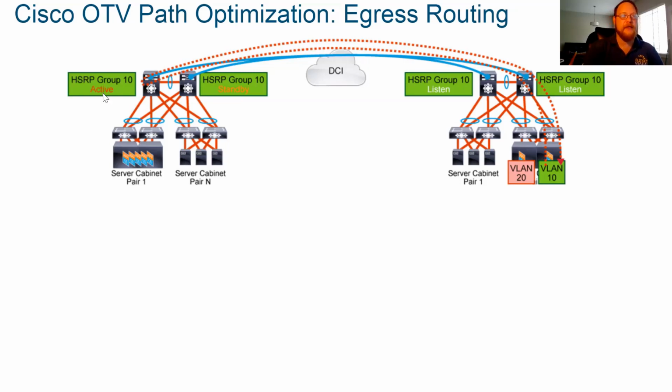And what could end up happening is you could have an active standby listening, which means, get this, that if I want to go from VLAN 10 to VLAN 20 in this location, I'm going to have to go across here, get routed by the active edge device, and then be rerouted here.